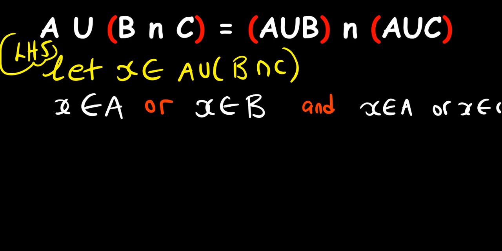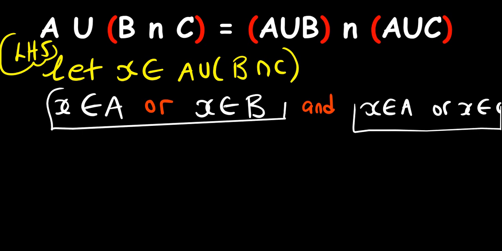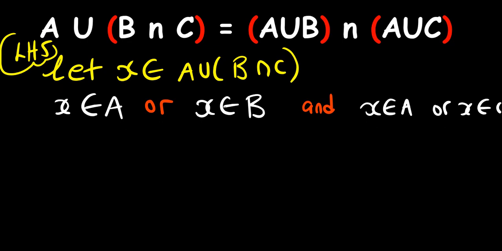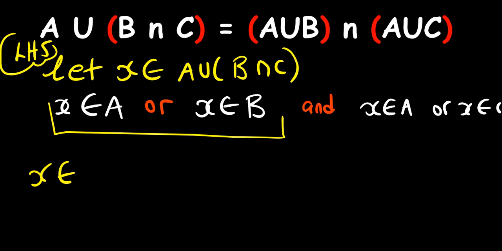Now that we've got this, allow me to factorize this part and this part differently. So let's start with this part. When I factorize, let me factorize the x is a member of. I'm going to factorize x is a member of because it's common on both sides. I'm going to remain with A. Our O we said it's the same as union, so I'm going to put union. Then here we've remained with B.